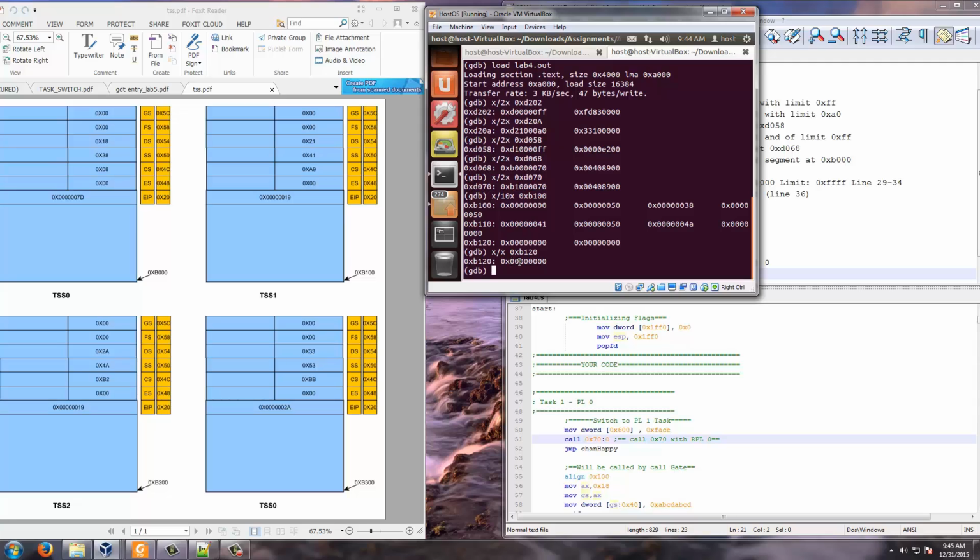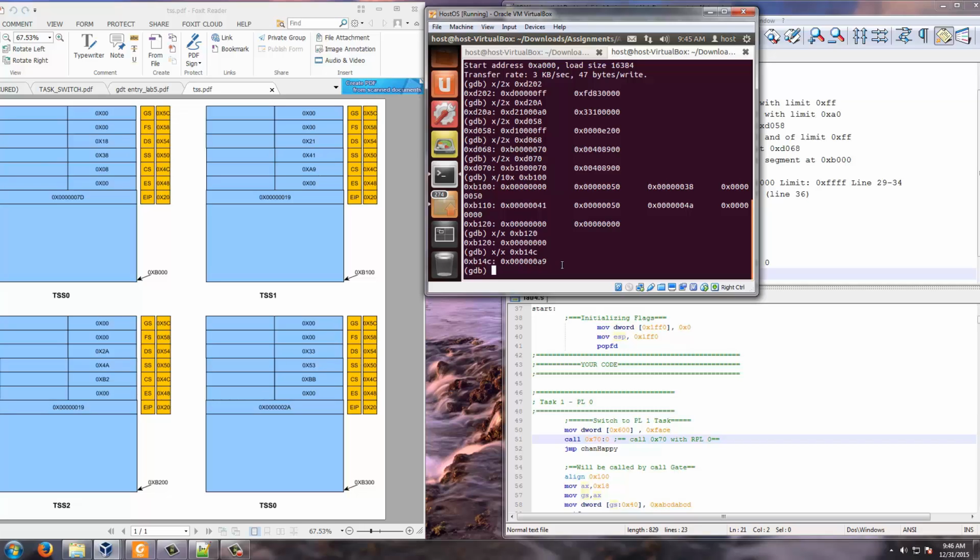What you see on the left-hand side is after the execution, but before execution, in the initial state, your EIP is 0. Then x/x 0xB14C will give you which code segment I am going to use. It says I am using the code segment A9. A9 is a privilege 1 code segment.